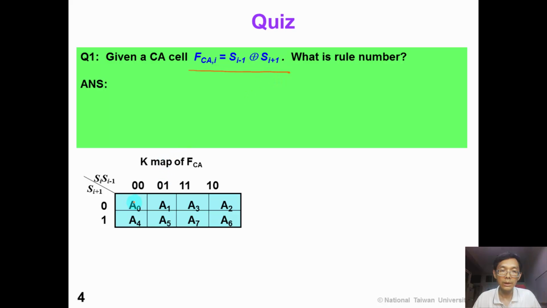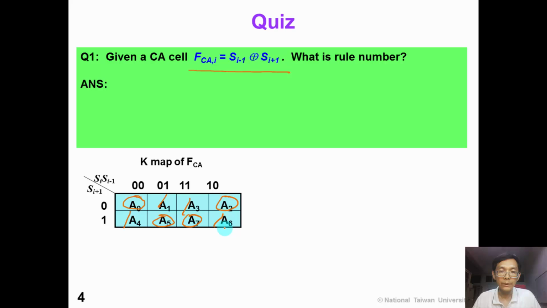Okay, are you done yet? So given this function, we can fill in this kernel map as this is 0, this is 1, and this is 1, 0, 1, 0, and 0, 1.